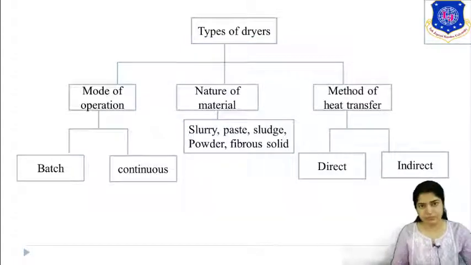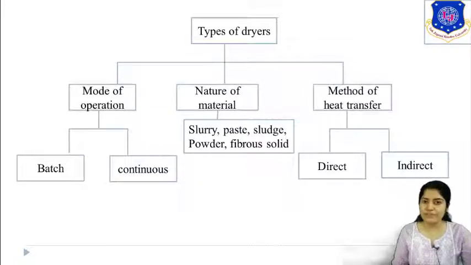Next is the nature of the material. What kind of substance you have to dry off, what kind of wet solid is there. It can be a slurry, it can be a paste, it can be a sludge. Then it can be in powder form also. Just for instance sand: if we have to dry out the sand, then sand is in powder or granule form. So that is the nature of the material. Similarly, it can be in the form of a fibrous solid also.